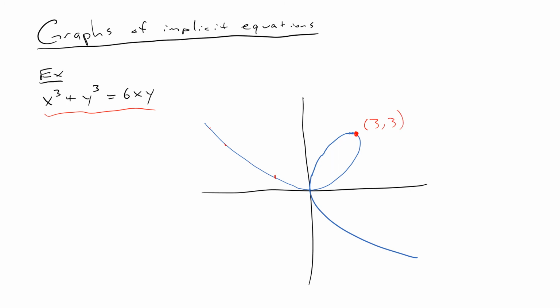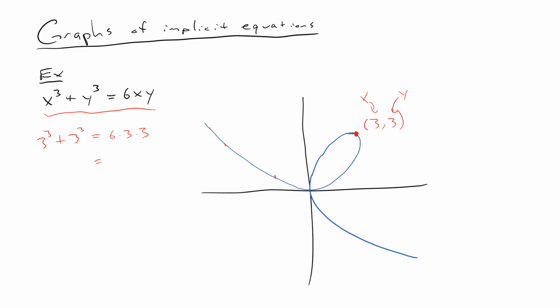We could verify that (3, 3) satisfies this equation, because if I plug it into this implicit equation, both sides come out to be the same. If I put in 3 for x and 3 for y, I have 3 cubed plus 3 cubed equals 6 times 3 times 3.